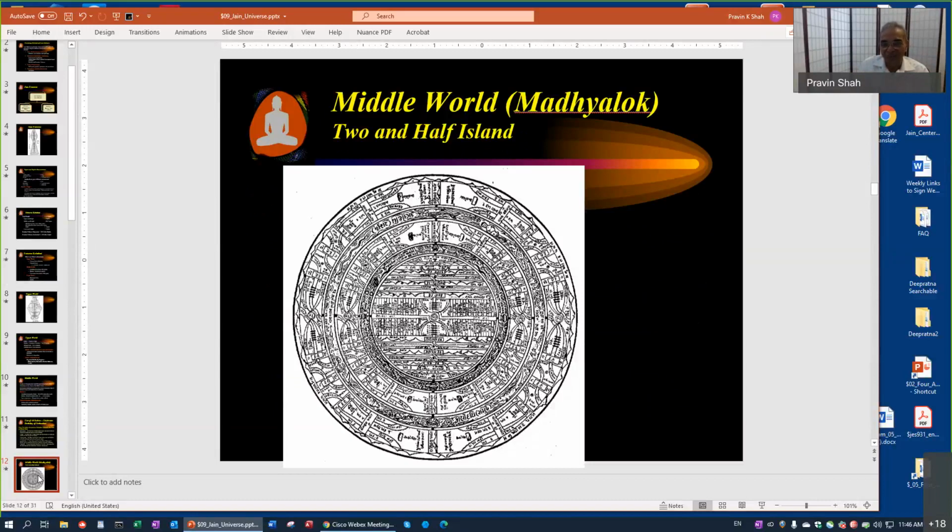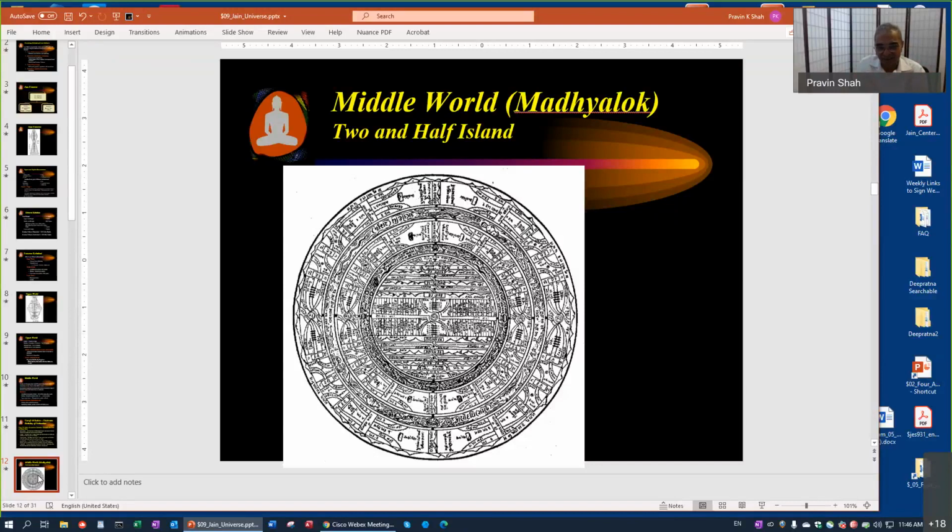Outside the 2.5 island, there are many lands and animals, but no human being can exist. Human beings can go there in some cases, but they cannot stay there.